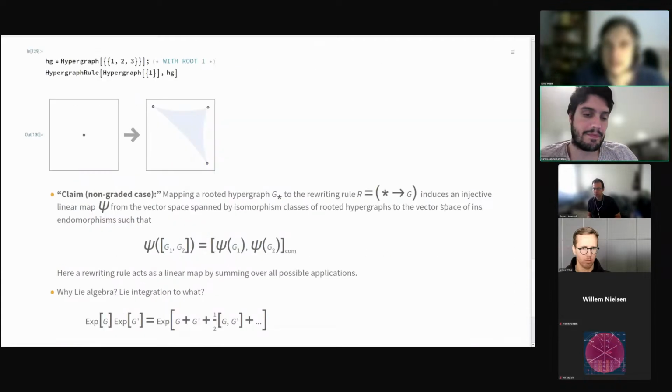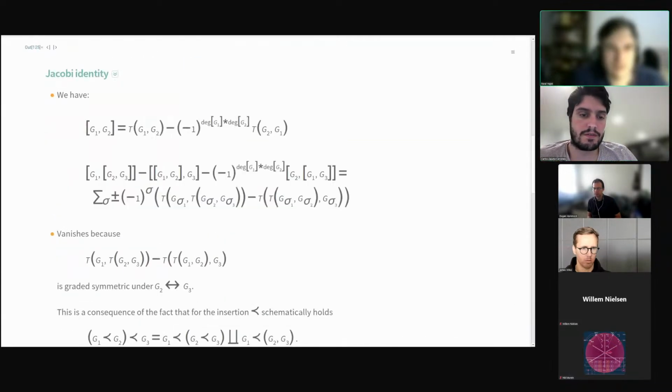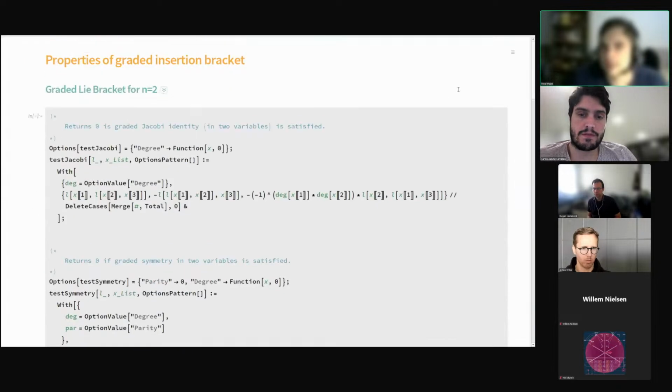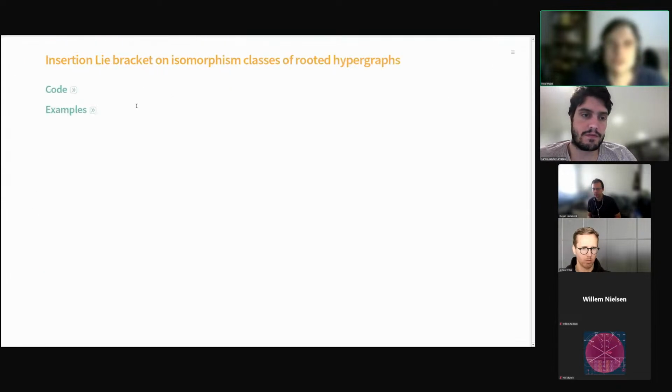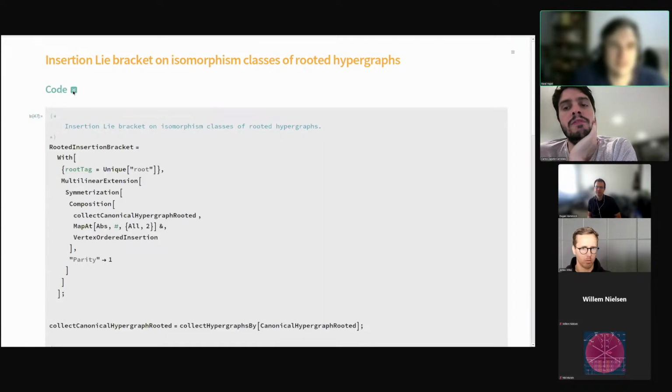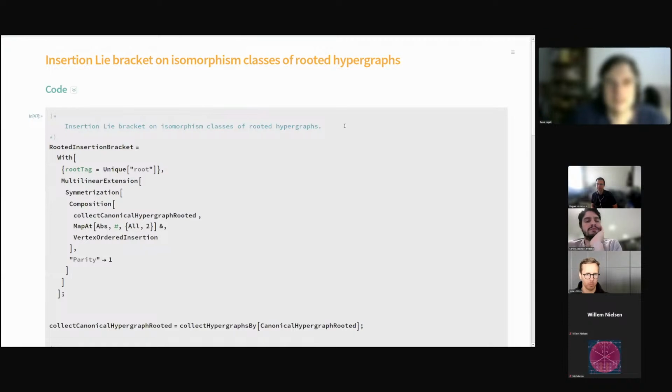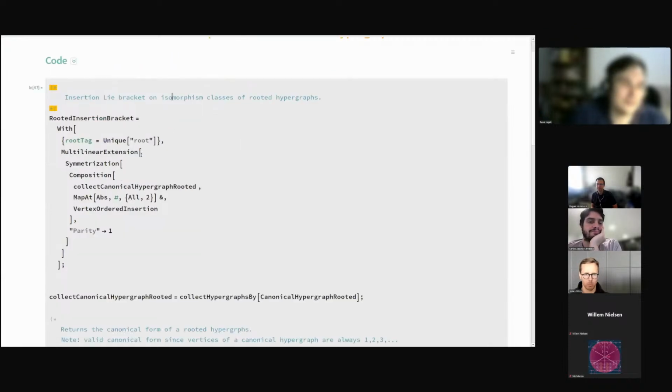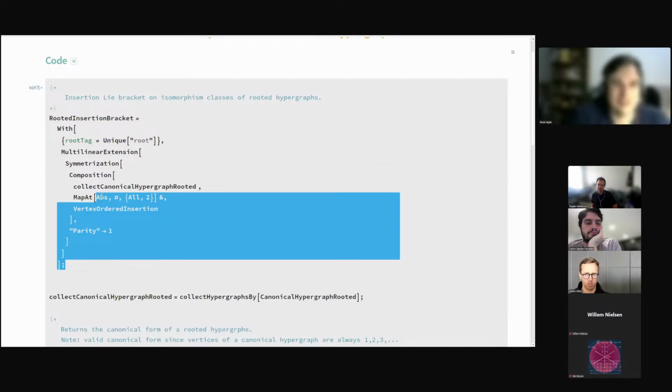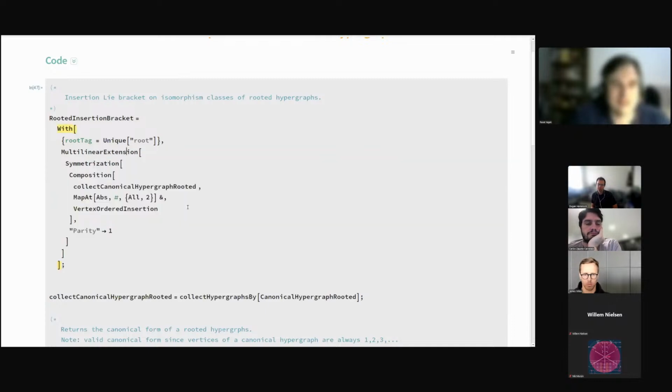Now this was the graded case, and let me show you the insertion Lie bracket on isomorphism classes of rooted hypergraphs. This is the non-graded case, and it's constructed in the same way as the insertion Lie bracket on vertex ordered hypergraphs.